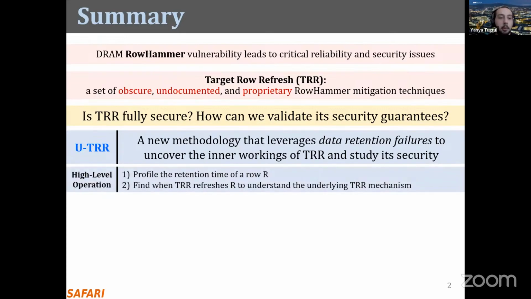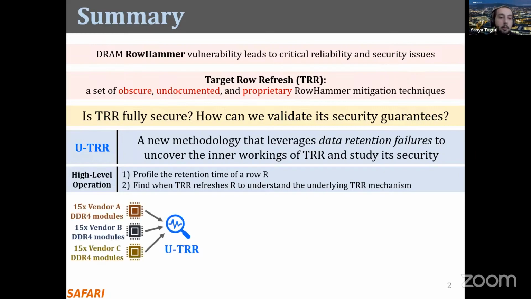At a high level, U-TRR works in 2 steps. First, U-TRR profiles the retention time of a row R, and then finds when the TRR refreshes that certain row R to understand the underlying mechanism of TRR. Using U-TRR, we analyzed 45 DDR4 DRAM modules from 3 major DRAM vendors.